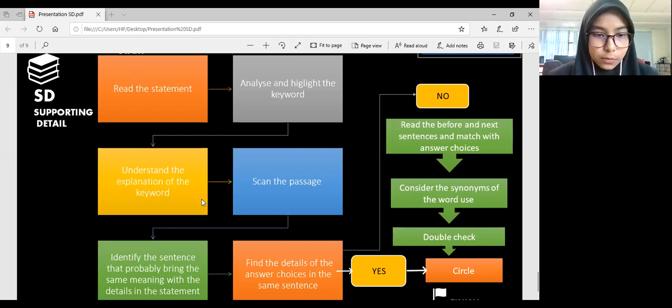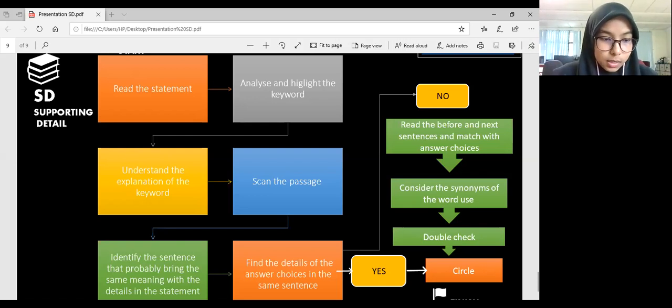After we are done with the scanning, we need to identify the sentence that probably brings the same meaning as the details in the statement. We need to do this because the sentence or the phrase from the passage sometimes directly has the same meaning as the details in the statement.